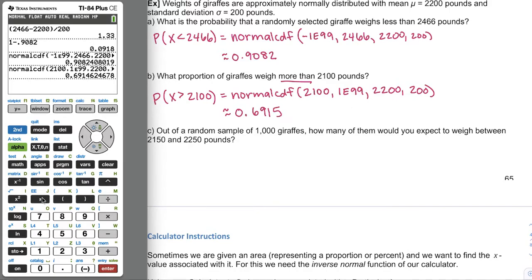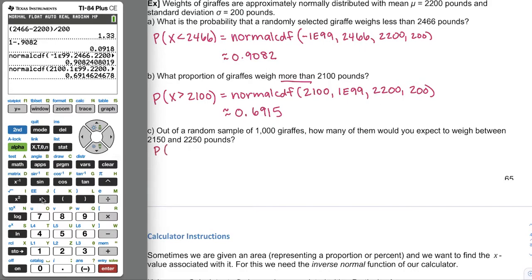Part C, out of a random sample of 1,000 giraffes, how many of them would you expect to weigh between 2,150 and 2,250 pounds? So I want to find the expected value. I first need to find the probability, and then we can take that probability, which is the expected proportion, and multiply it by 1,000. So let's find the probability first.